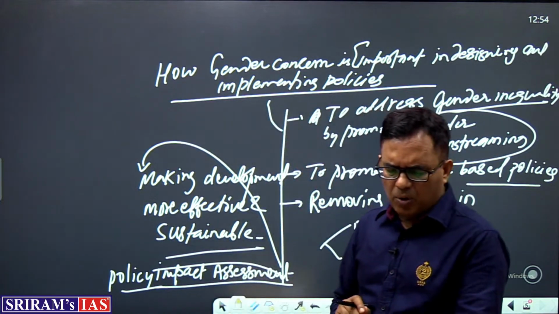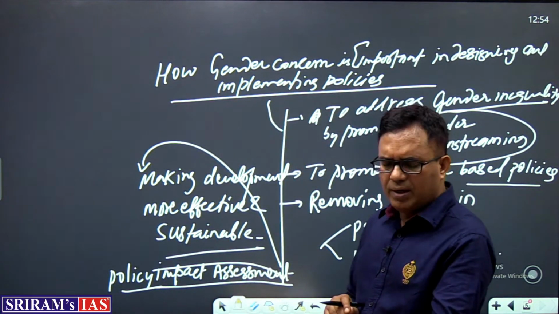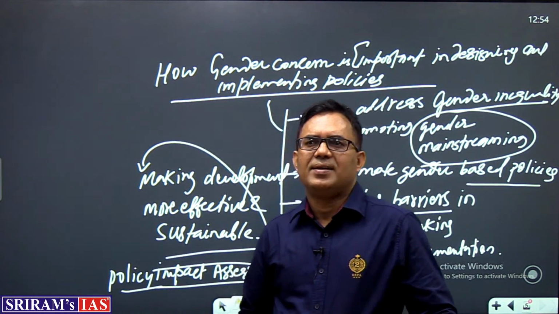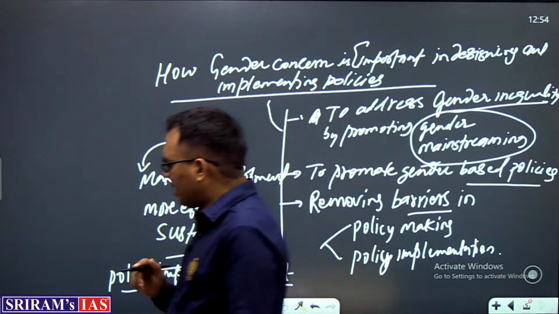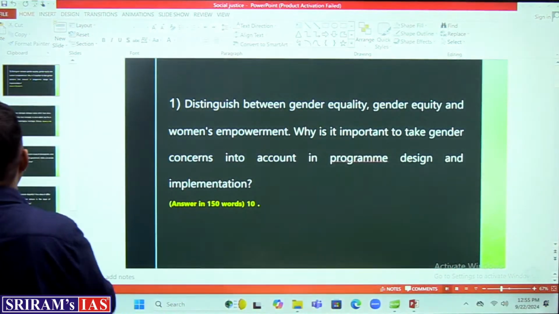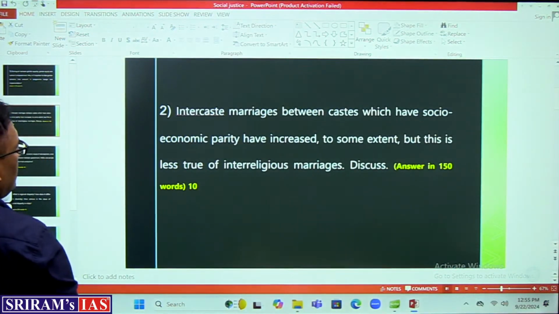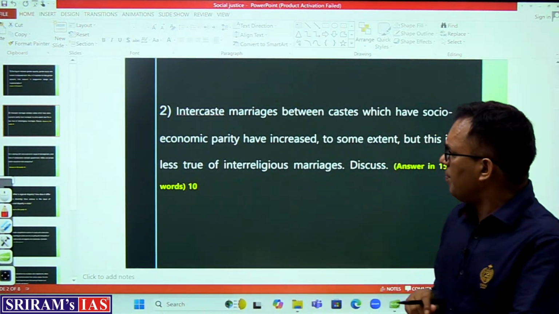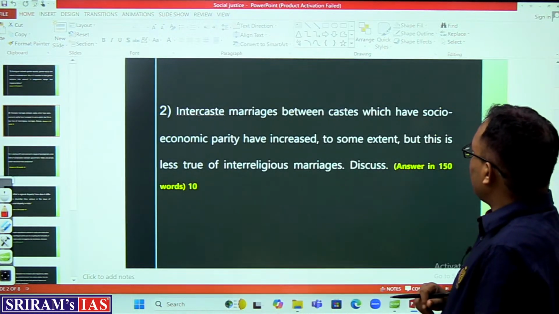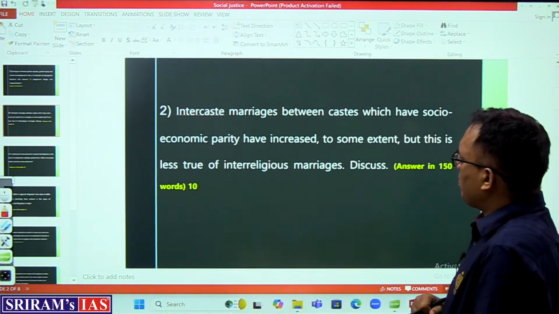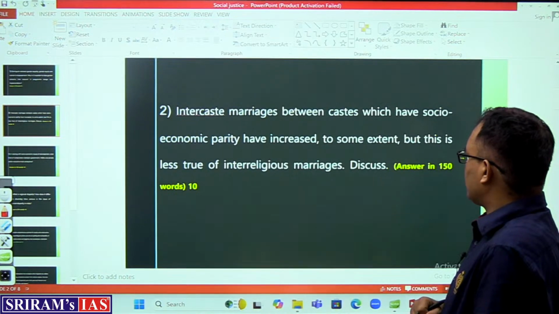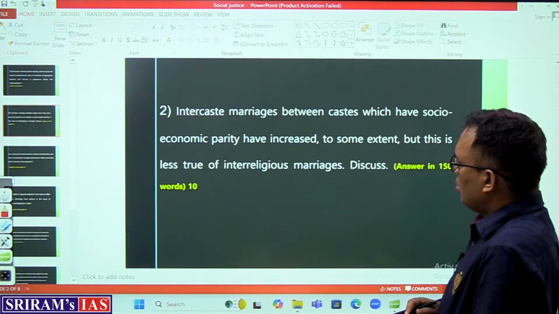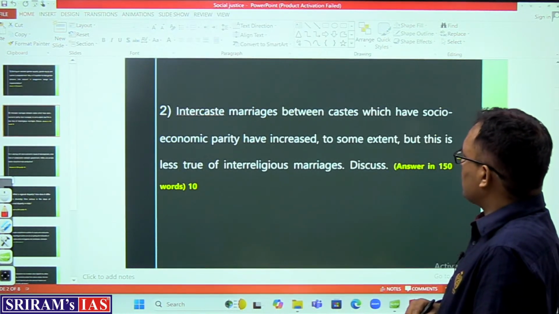Second question that we talk about is a very simple question, but the answer is very subjective. The question is: intercaste marriage between castes which have socio-economic parity has increased to some extent, but this is less true of interreligious marriage.